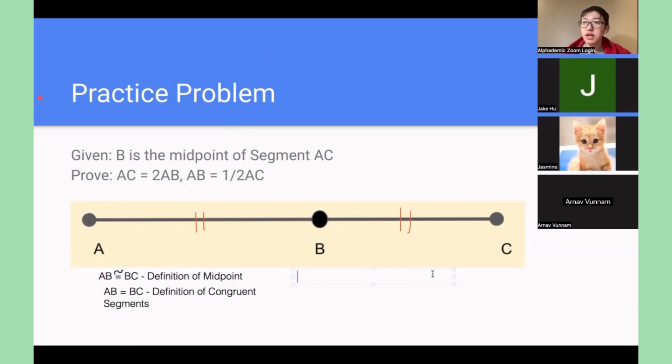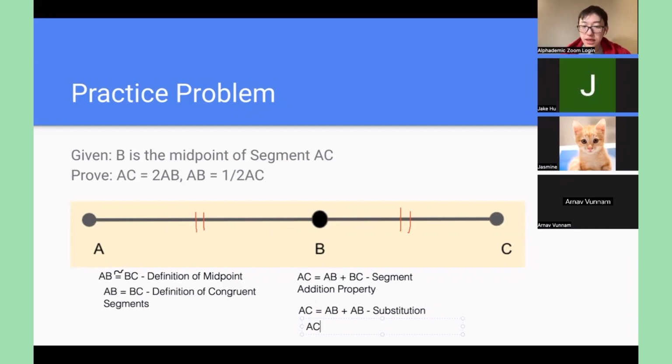And then you would say AC equals AB plus BC via the segment addition property. Then we would go into AC equals AB plus AB. This would be substitution, right? Because we already determined that AB is equal to BC, so we can just substitute that in.